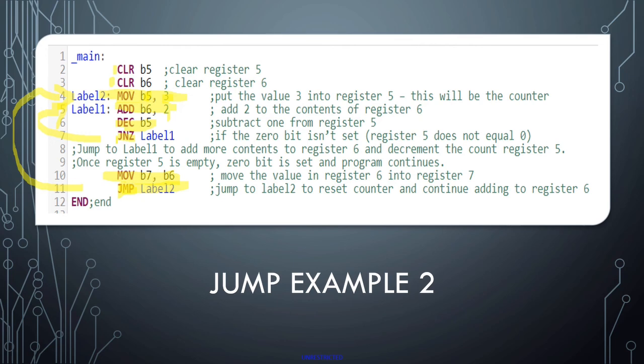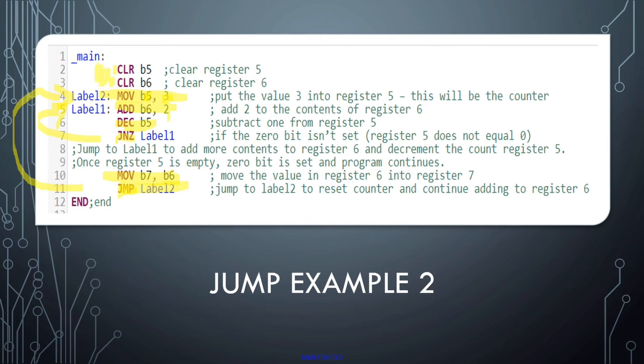Why would we do this? Well, we are counting essentially up to 6, right, in this register. So maybe we want to increment one variable by 2, and we have another variable that we want to increment by 6, and we want to keep these synced up. So you'll notice we are not going all the way back to the beginning of the program where we cleared out these registers.